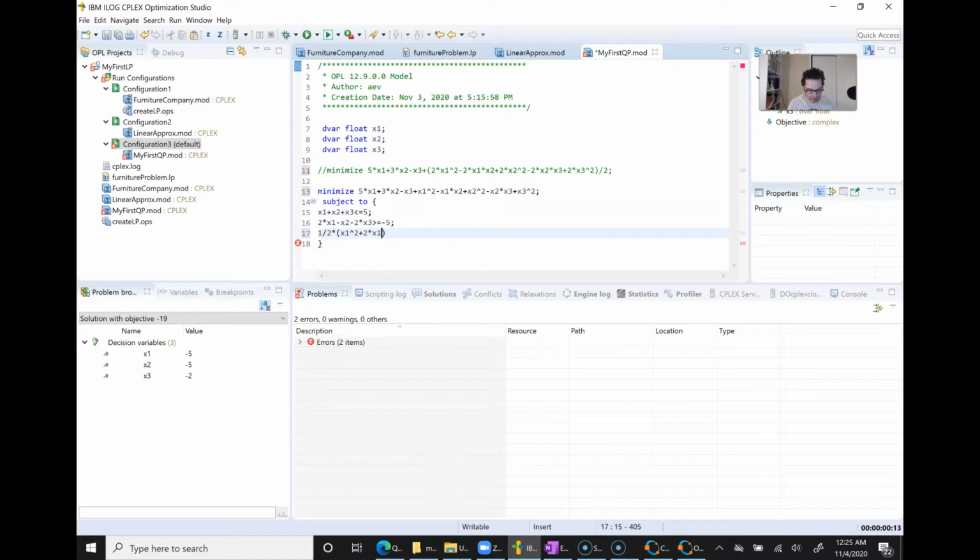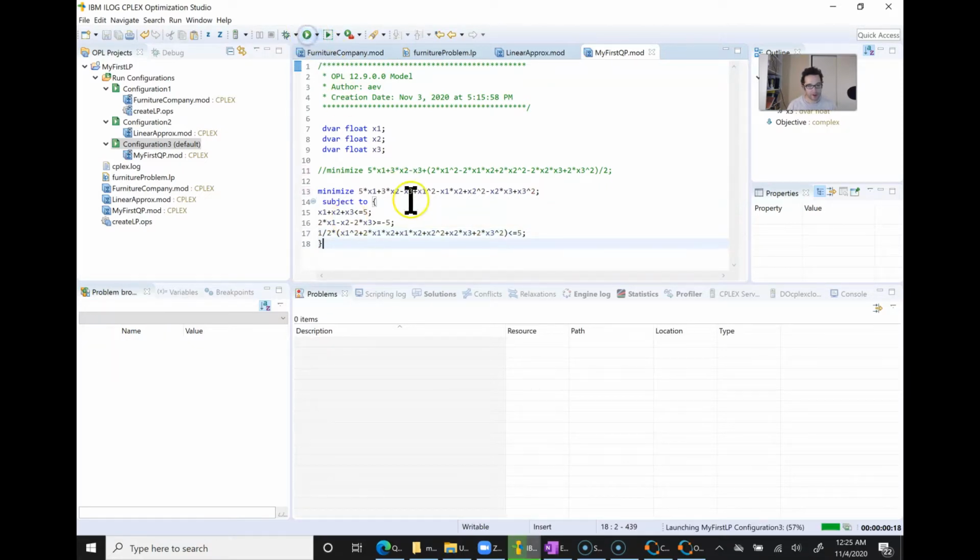Plus 2 times x1 times x2 plus x1 times x3 plus x2 up 2. All right, and this is all going to be less than or equal to 5, and we'll finish it off with a semicolon. Okay, so hopefully this is still a feasible problem.